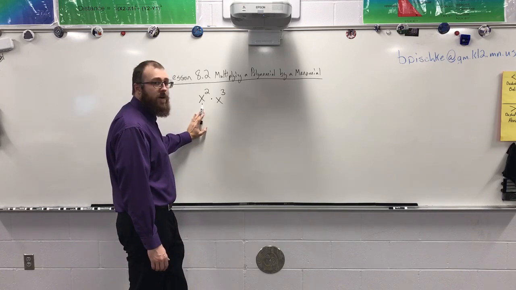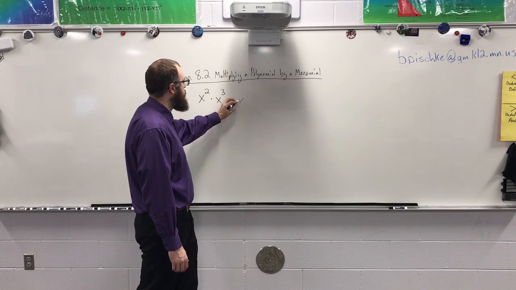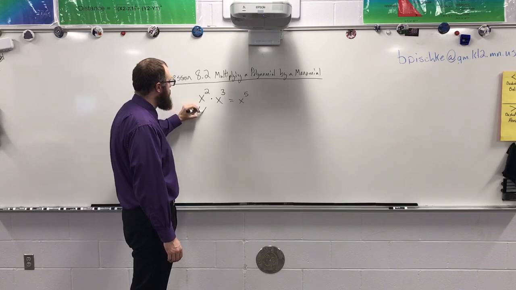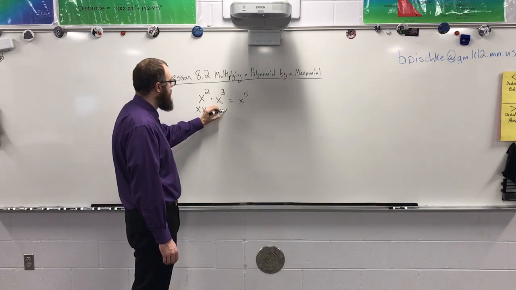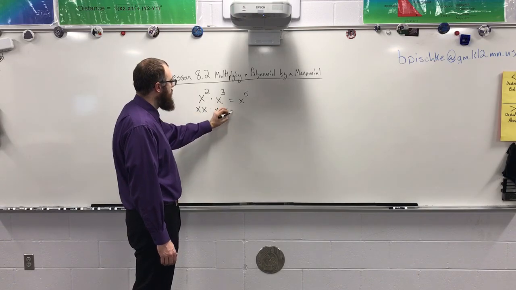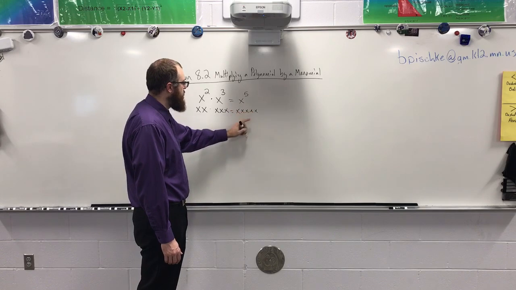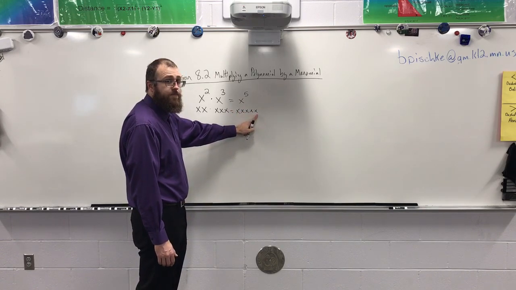So x squared times x to the third is x to the fifth. Another way to look at this is x times x, and this is x times x times x. So when we multiply them together, we have x times x times x times x times x. 1, 2, 3, 4, 5.